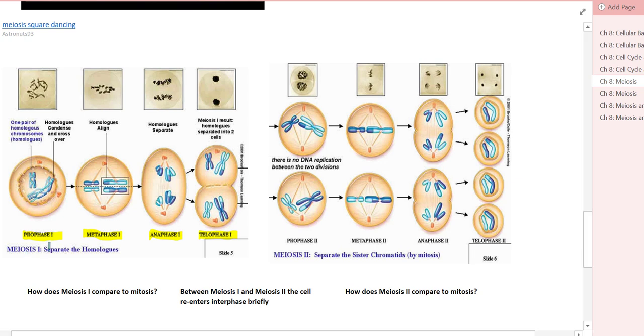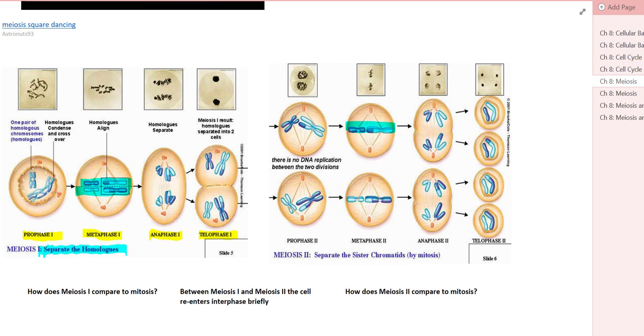In meiosis 1, the goal is separation of the homologous chromosomes. Notice how the chromosomes are paired up. I'm going to get you to draw your attention back to your mitosis diagrams and look at the fundamental difference, right? In mitosis, chromosomes tend to line up single file. But in meiosis 1, they line up in their pairs. And this is what ultimately causes a reduction in the chromosome number.